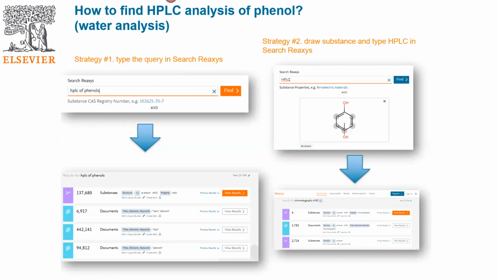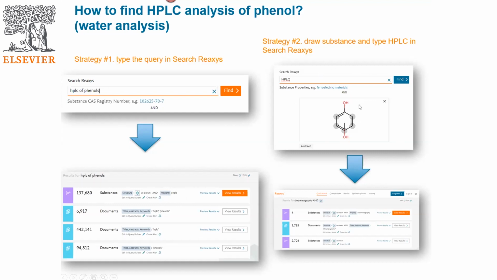For some specific words like spectroscopy, UV spectroscopy, HPLC, chromatography, Reaxys will recognize it as a specific property and will give you the search. So with this HPLC of phenols, you can find 137,000 substances which are phenol derivatives and have HPLC properties.